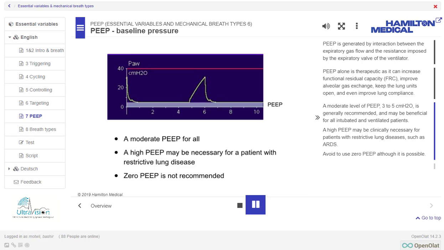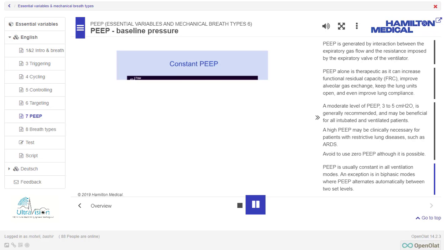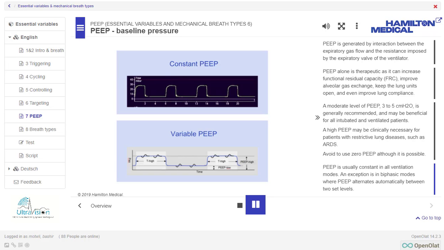A high PEEP may be clinically necessary for patients with restrictive lung diseases, such as ARDS. Avoid using zero PEEP although it is possible. PEEP is usually constant in all ventilation modes. An exception is in biphasic modes where PEEP alternates automatically between two set levels.